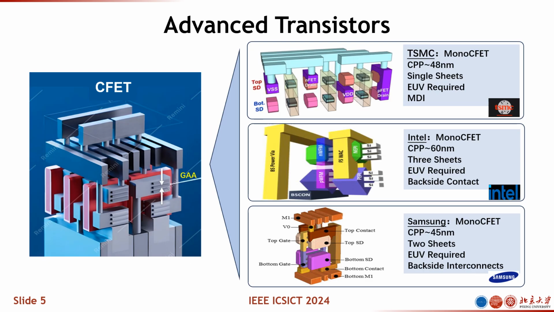So regarding the advanced transistor, the whole industry has put a lot of effort into this. As you can see, the 3 big companies in this field, TSMC, Intel, and Samsung, all have their solutions to work towards a manufacturable solution for the CFET.